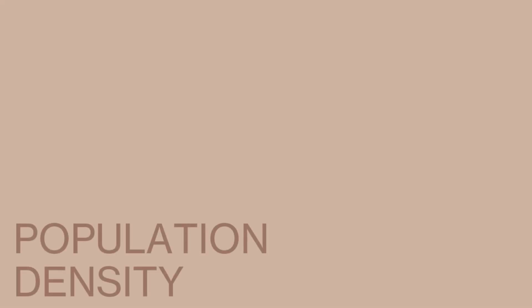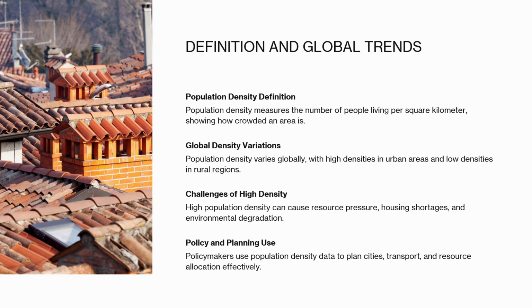Now, what is population density? Population density refers to the number of people living in a unit area. So how many people are living in a unit area is termed the population density. The average density as per the NCERT is 51 persons per square kilometer, and this is the density of the whole world.